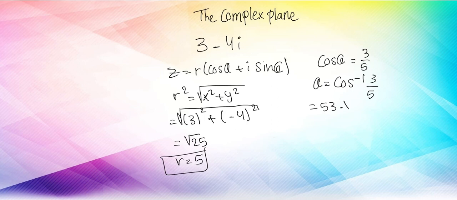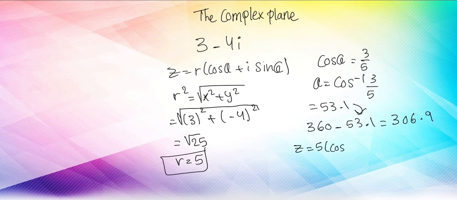And we write this all together: 360 minus 53.1 is 306.9. So z equals 5 cos 306.9 plus i sin 306.9. That's it. I show you this example.